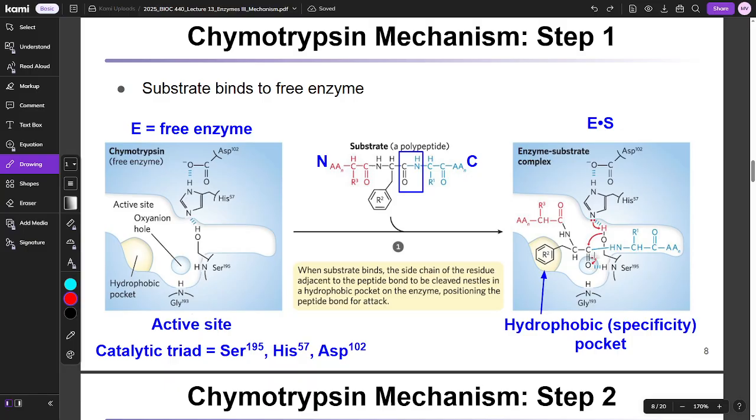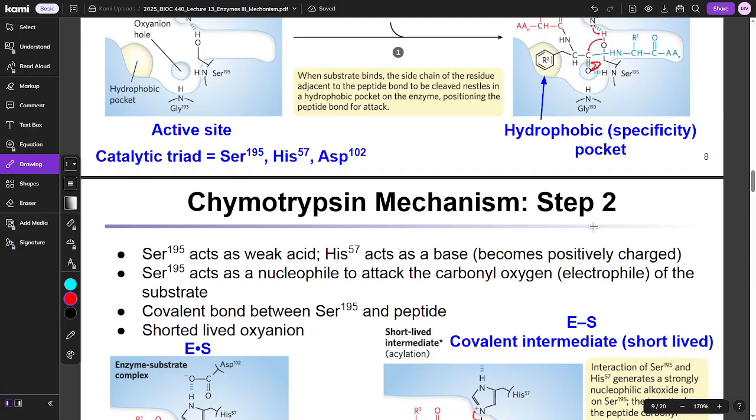So these electrons come up here, and we form this negative oxygen species. And now what you should know is we are in a covalent intermediate where the serine is now bonded to the substrate, right?